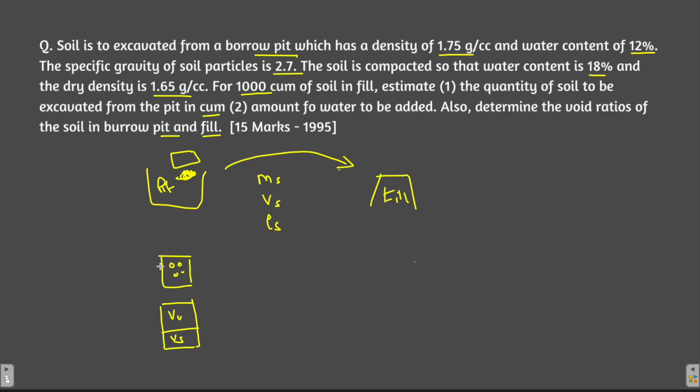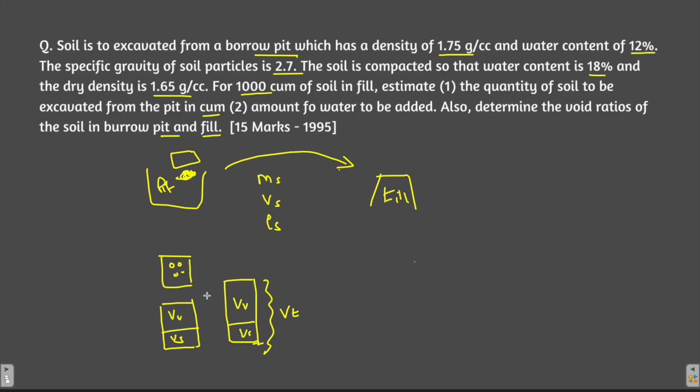But when you are extracting the soil from the pit, the volume of solids will remain the same, but the volume of voids will increase because it is becoming loose and attracting more air into it. So the total volume of the soil is going to increase, but what will remain constant is the volume of solids.